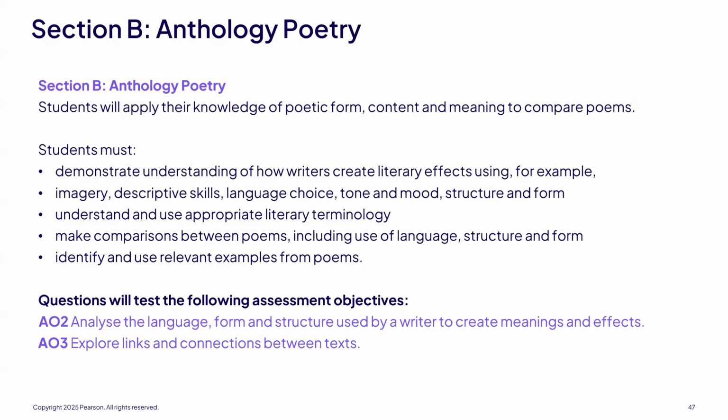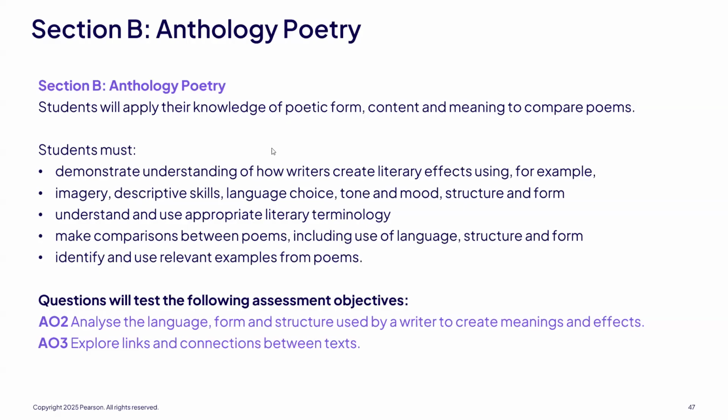Okay, so that's Section A, the unseen poetry. Now we're going to move on to Section B, the anthology poem, which requires comparison, AO3, as well as AO2. We can see the two assessment objectives at the bottom of the slide. Students apply their knowledge of poetic form, content, and meaning, and they compare the poems.